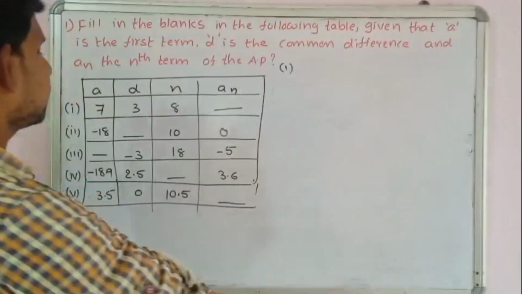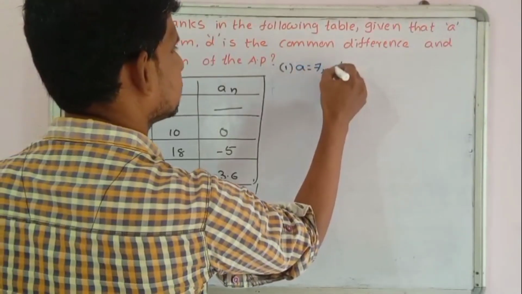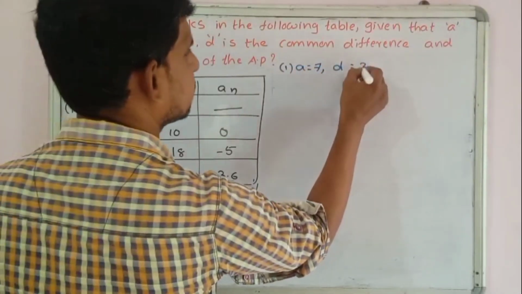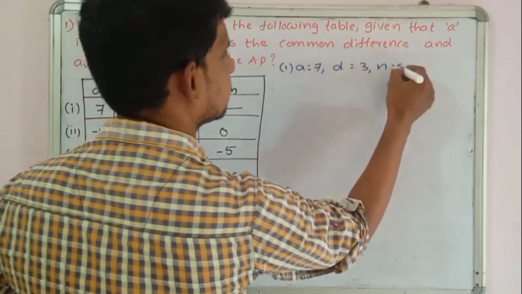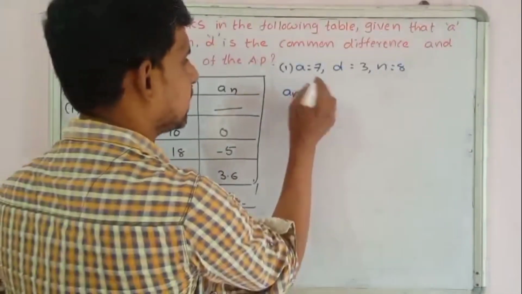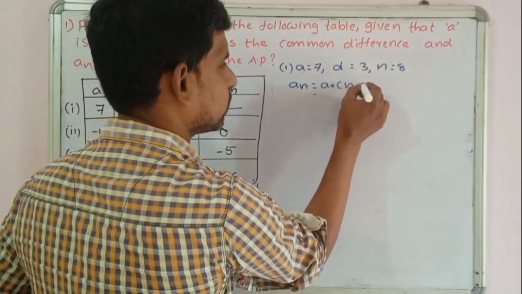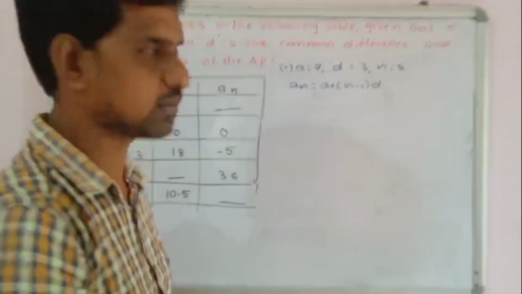See, a equals 7, d equals 3, n equals 8. So what is the formula of an? An formula is a plus (n minus 1) into d.